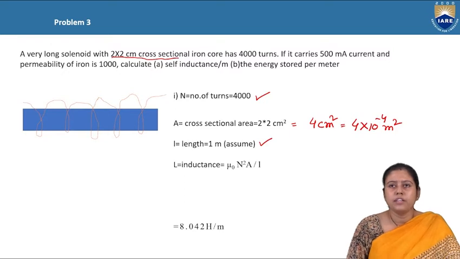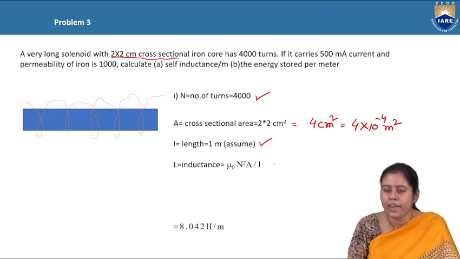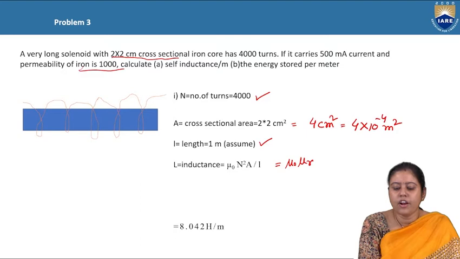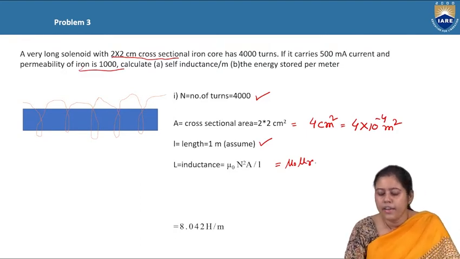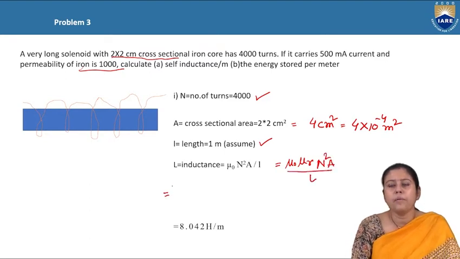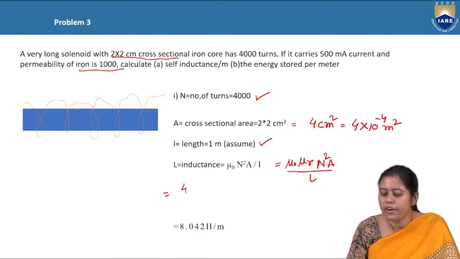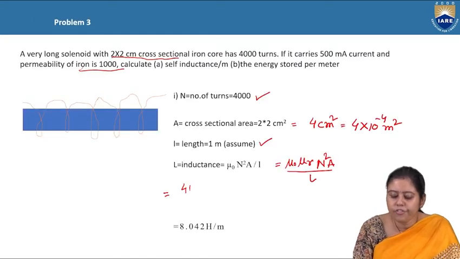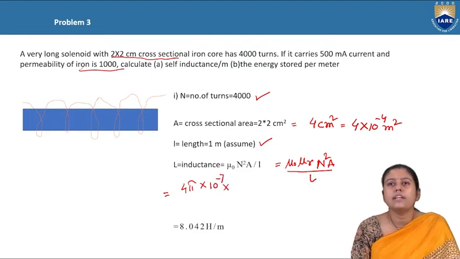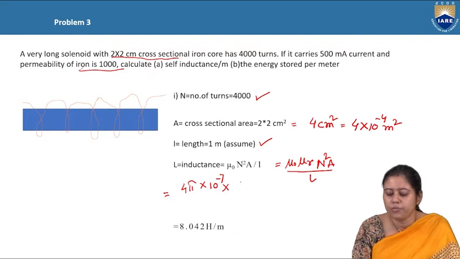So again we are using the formula mu naught N square A by L, or we can write mu naught mu R, because here it is in the iron core, mu naught mu R N square A by L. So what is the value of mu naught? Mu naught value we already know, 4 pi into 10 to the power minus 7. What is mu r? Mu r is given as 1000. What is N?